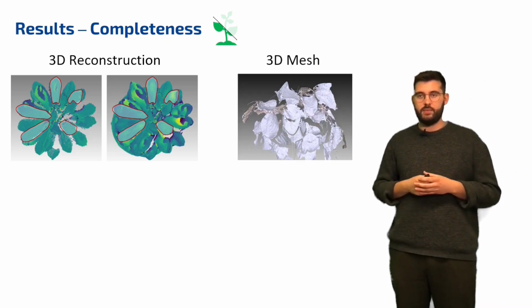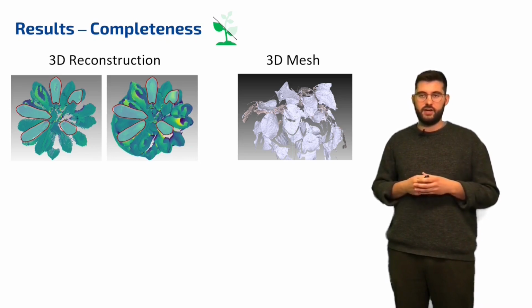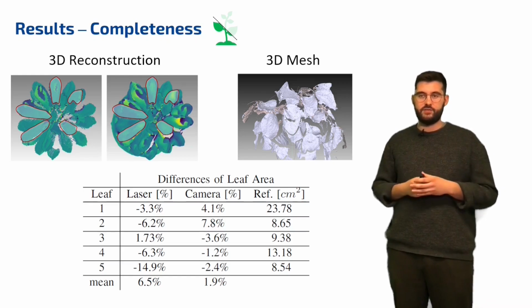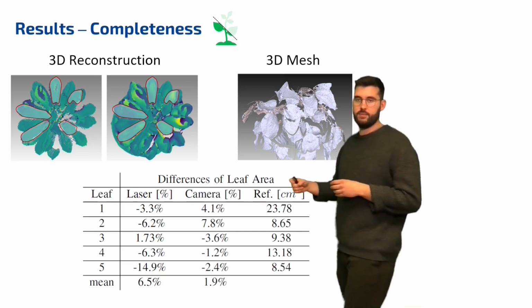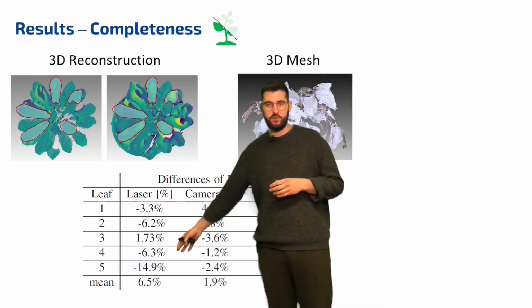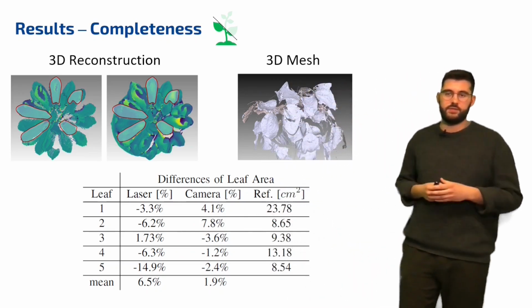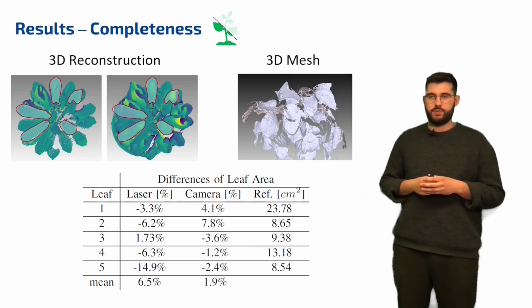So we have a triangle mesh, and we can then estimate the leaf area of those 5 example leaves. And then we compared this to the reference leaf area coming from the reference scan. And we can see here we have mean deviations of the laser system of about 6%. And for the camera reconstruction, we have 2% deviations in the leaf area with respect to the reference scan.